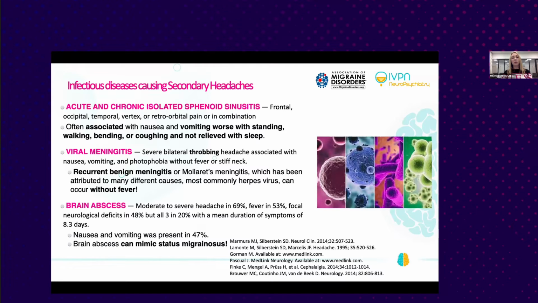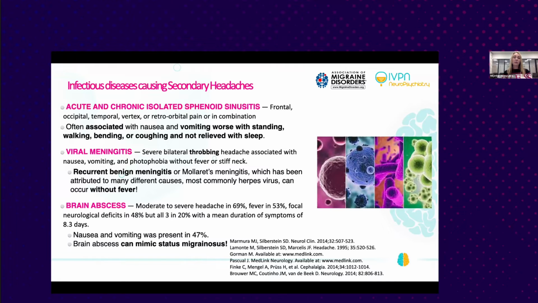But what could be masked as a migraine is also a viral meningitis with severe throbbing bilateral headache. And of course, in that case, we're expecting a stiff neck, hopefully. It doesn't always happen, even if the meningitis is not viral, but bacterial. I have seen patients like that as well.